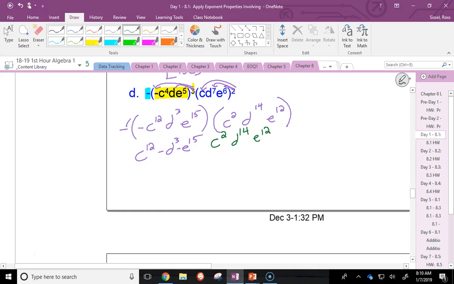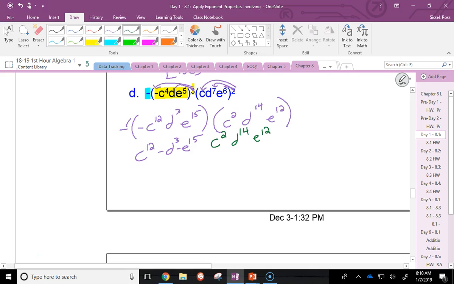Now that I have all this multiplied, c to the 12th times negative d to the 3rd times negative e to the 15th times c squared times d to the 14th times e to the 12th. What do we have to look for? Yeah, mainly our common stuff.